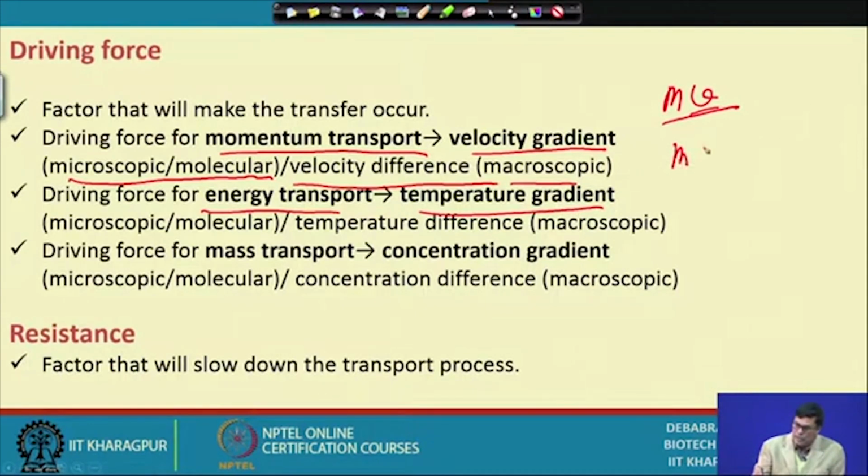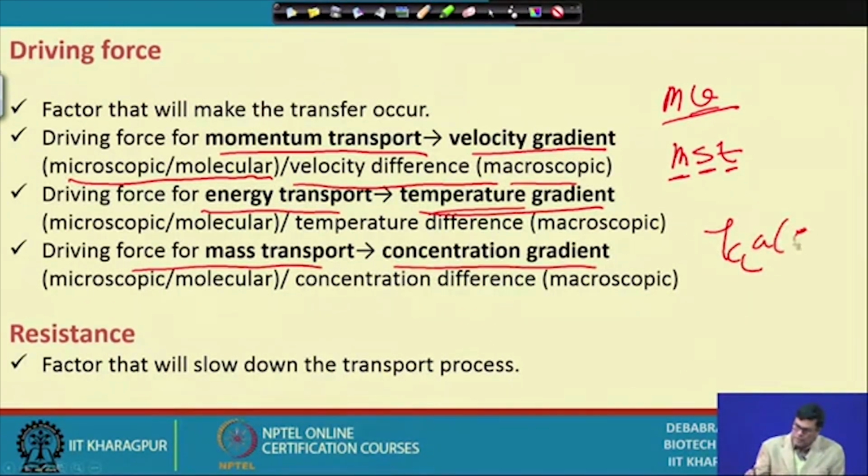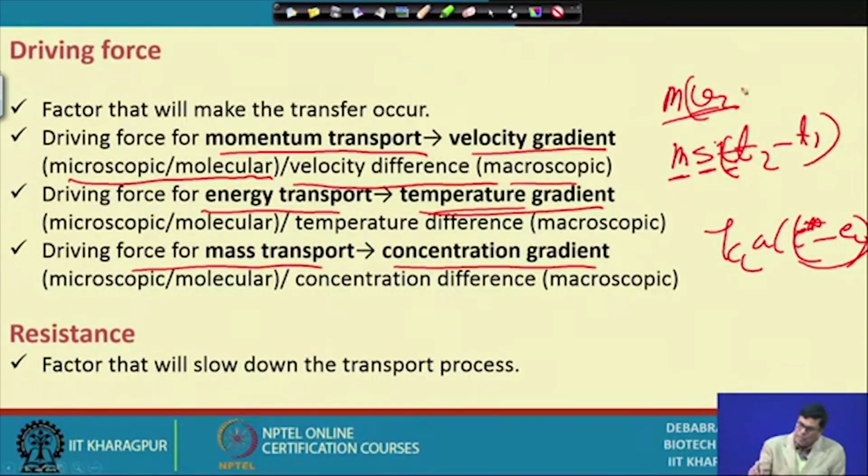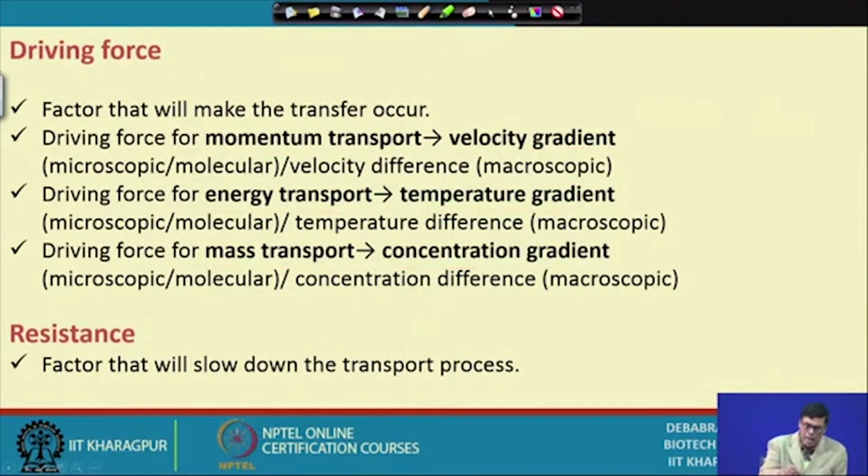We know MST: mass, specific heat and temperature. The temperature gradient plays a very important role. And the driving force for mass transfer is the concentration gradient, like KLA into (C star minus CL). This is the gradient, and here also what is the gradient? T2 minus T1. Here maybe V2 minus V1. These are the gradients that act as forces.